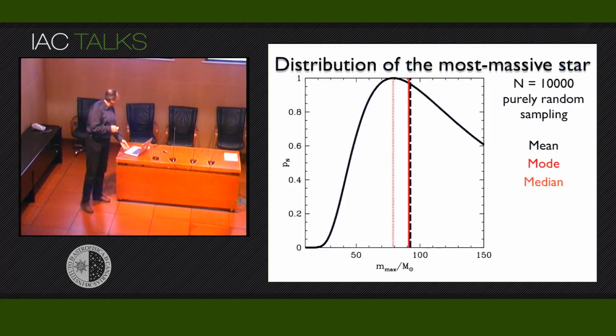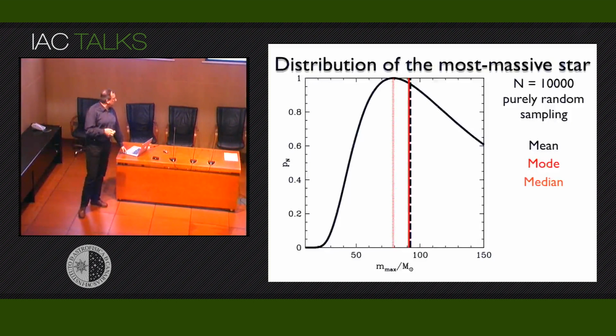The mode, the peak, and the median are all a bit different. And depending on the number of stars, so the size of the cluster, this distribution looks a bit different, and these values change.